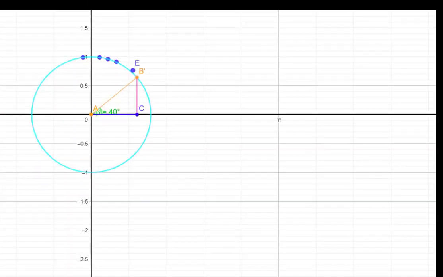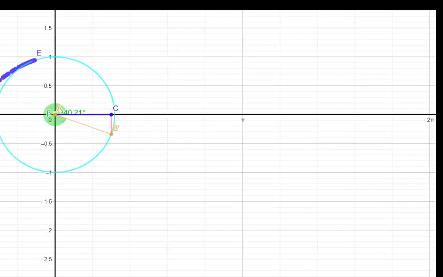Now, for plotting the graph of cosine, we will have the x-axis as the angle and the y-axis as the distance of a point C from the center point A. So this is an example of how far C is from the center point. You can see that the tracing will go like this.